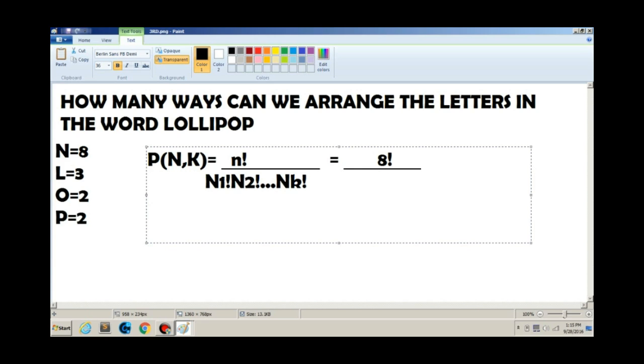The first letter is L, so we put 3 factorial. The second letter is O, which is equivalent to 2, 2 factorial. P is also 2, 2 factorial.